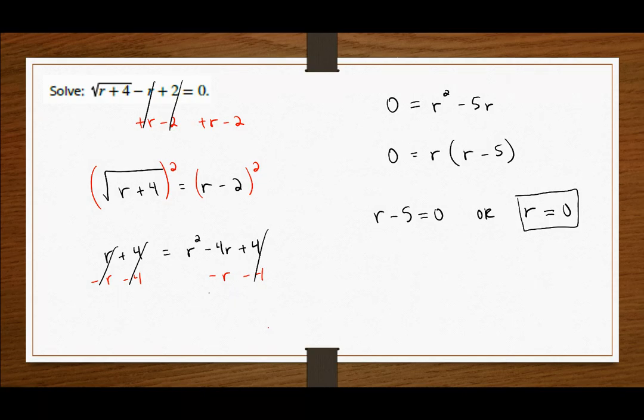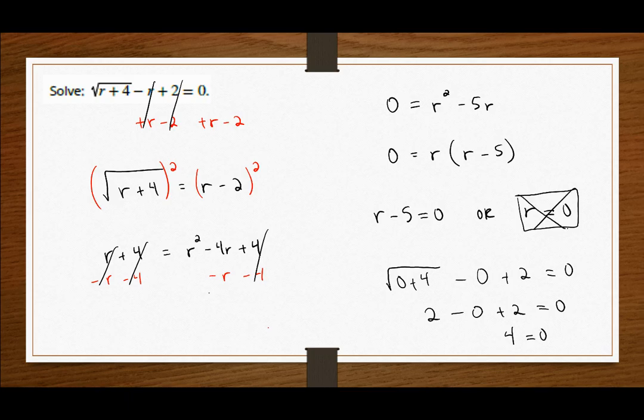However, if we plug it back into the original equation here, notice that we have something like 0 plus 4 minus 0 plus 2 equals 0. The square root of 4 is 2, and so I actually don't end up with a true statement. I'm left with something like 4 is equal to 0. Since this is a false statement, this must be one of these extraneous solutions we mentioned before.